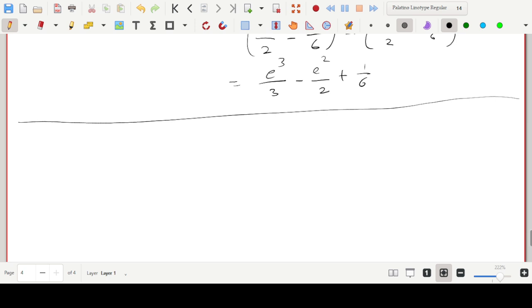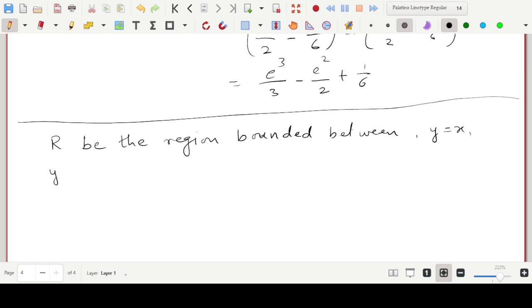Let us take one more example. Let R be the region bounded between y equal to x and y equal to root x.